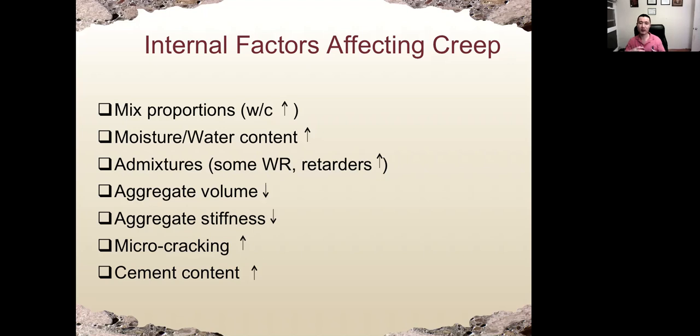So only cement paste will creep. So if we increase the volume of aggregate, creep will be reduced. Same thing for drying shrinkage. Drying shrinkage is also a paste phenomenon. Aggregate will not shrink. If we increase the stiffness of aggregate, the restraining effect of aggregate will be higher, creep will be lower, drying shrinkage will also be lower.